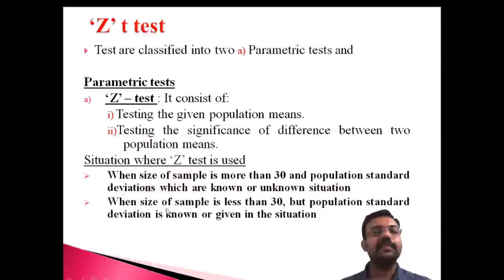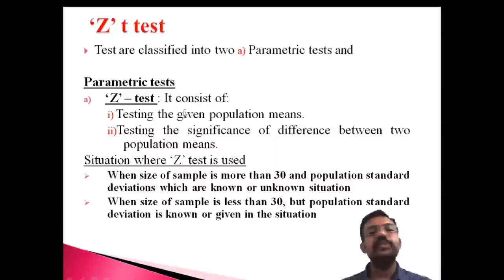When the sample size is less than 30 but the population standard deviation is known, we can use the Z test. That is the situation for the Z test.